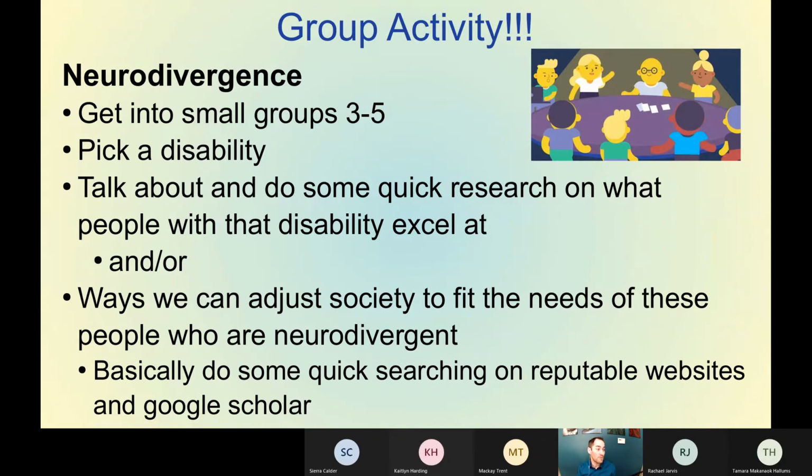People with neurodivergence are another such group. We should realize that they have different skills, talents, abilities and specific challenges as well, that we can support them and help people excel in their lives and thrive.